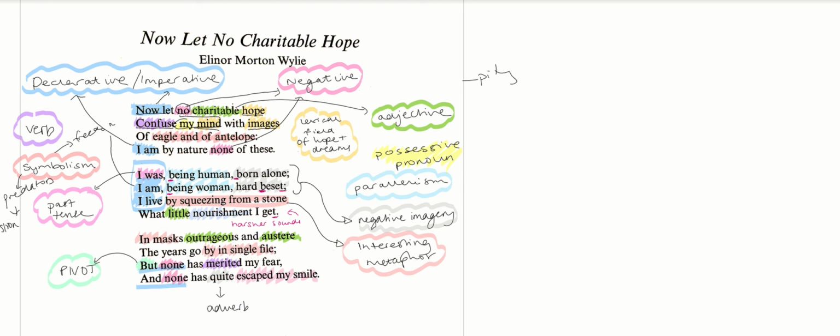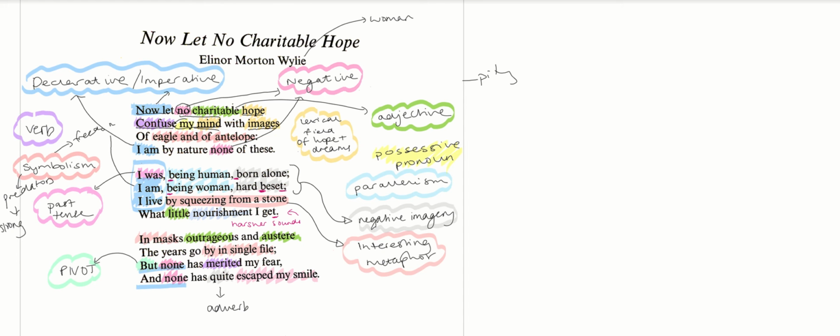So hope gives her that false sense of empowerment, perhaps, or the false sense that she can be free. And perhaps it's useful to know that she is obviously a woman writing in early 20th century America, so would have been living with restrictions just due to her gender.